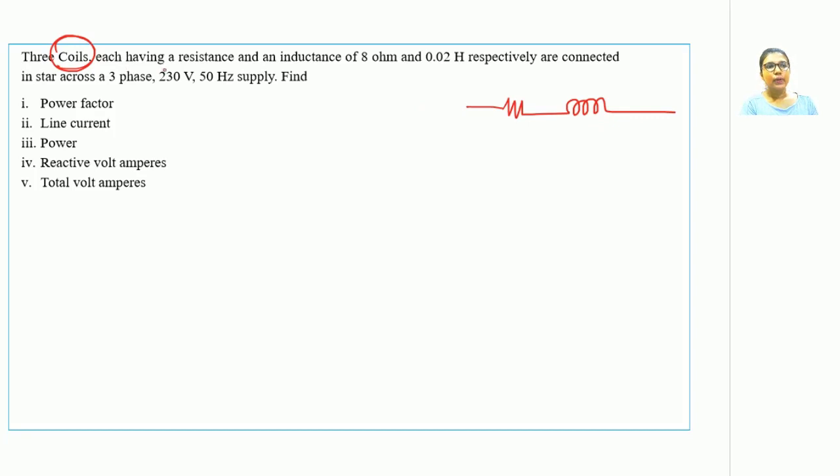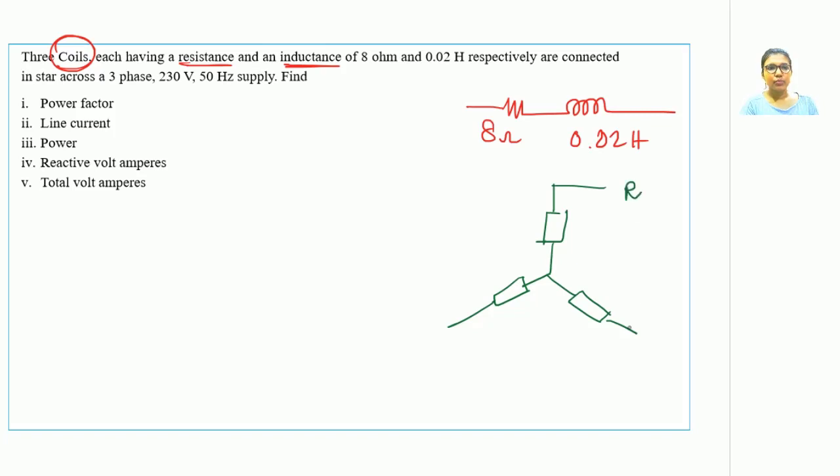So there are three coils, each having a resistance and an inductance of 8 ohm and 0.02 Henry. And they are connected in star. So let us now represent a star connection. So this is a star connection representing R, Y and B. And each box represents the load, which is represented as Z phase.